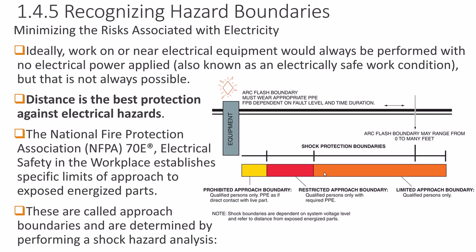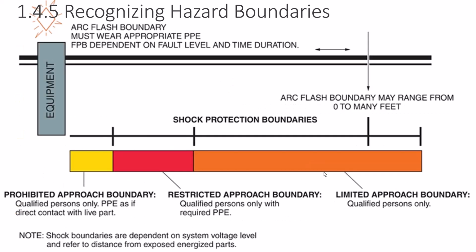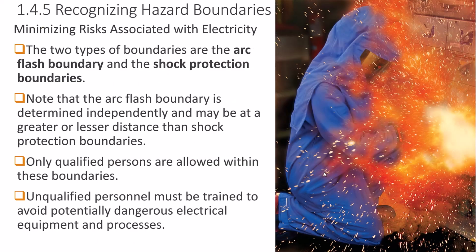When we're talking about minimizing the risk associated with electricity, keeping your distance is your best protection against high voltage electrical hazards. There's plenty of other things on this page, and I need to move on here a little bit. The two types of boundaries we talk about are the arc flash boundary and the shock protection boundary.